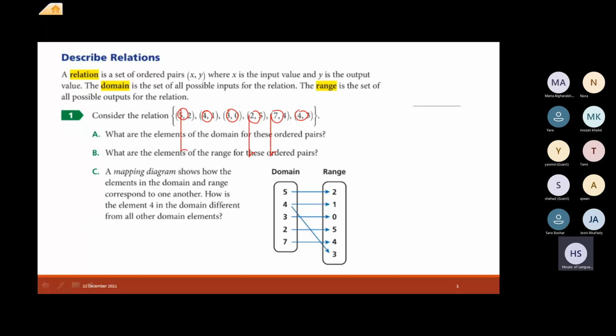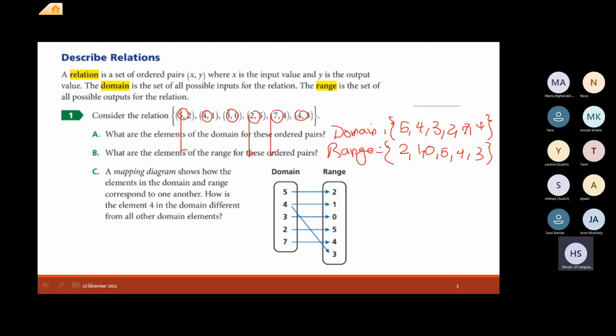So the domain is 5, 4, 3, 2, 7, 4. This is the domain. Now what is the range? They are the y values: 2, 1, 0, 5, 4, 3. These are the range. Did you understand from where I bring the domain and from where I bring the range?